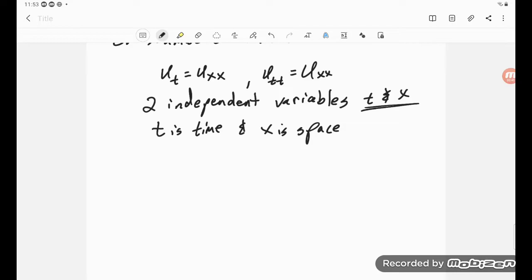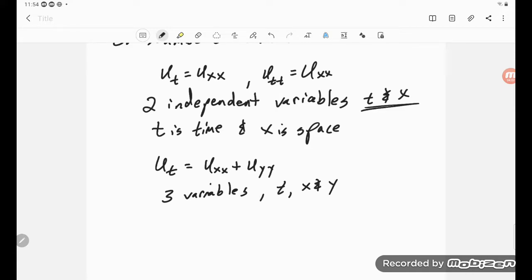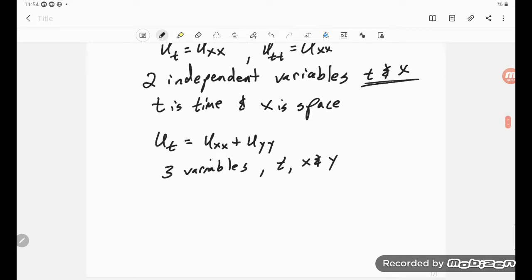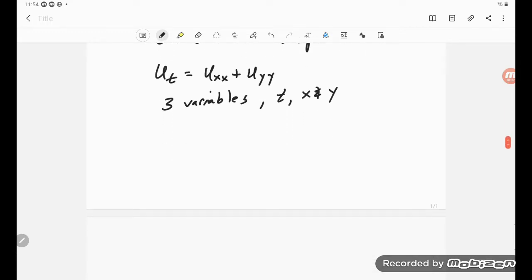So those are both 2 variables, but suppose we had the heat equation in 2-dimensional space. That would be something like this, and so here we have 3 variables, because we have t, x, and y.